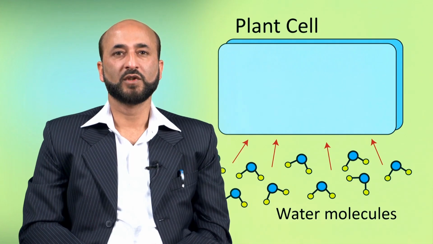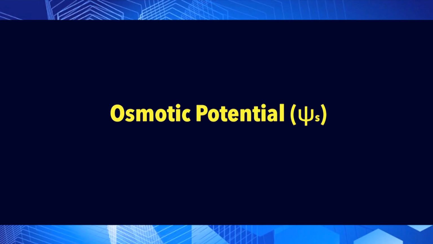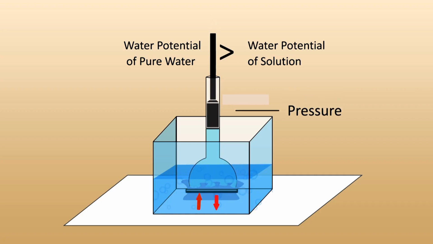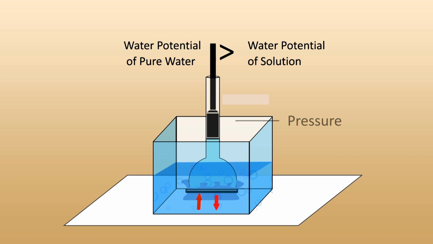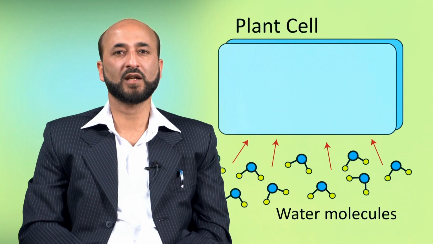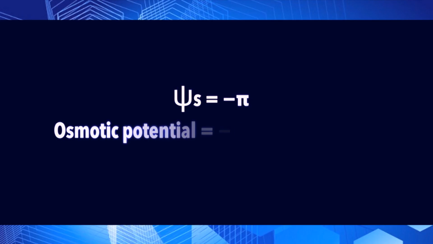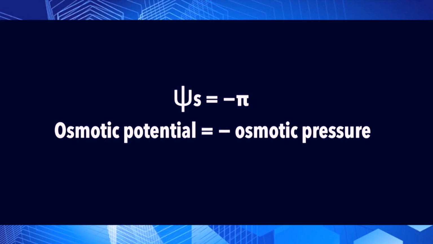Therefore, we say that the solution has an osmotic potential, which is shown by psi s, that is, solute potential. Since osmotic potential and osmotic pressure are equal but opposite forces, osmotic potential is regarded as the negative of the osmotic pressure, that is, psi s is equal to minus pi.